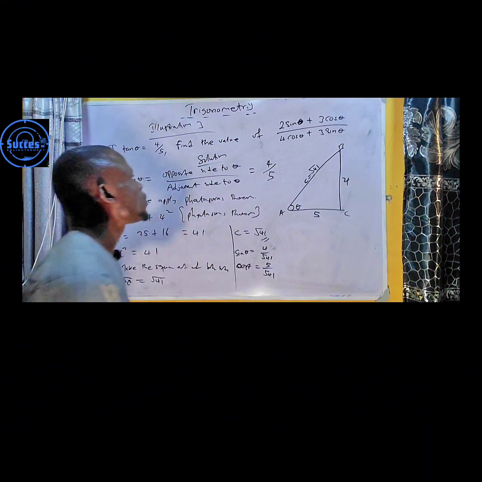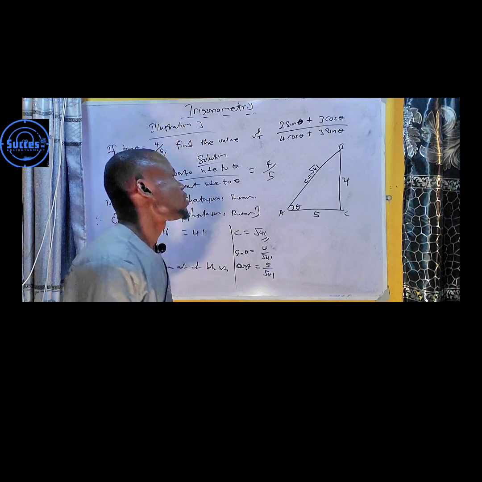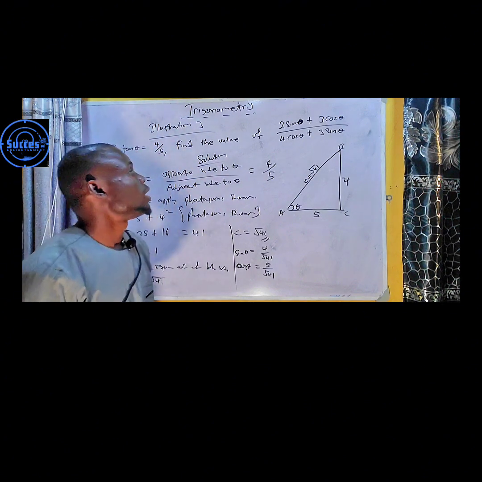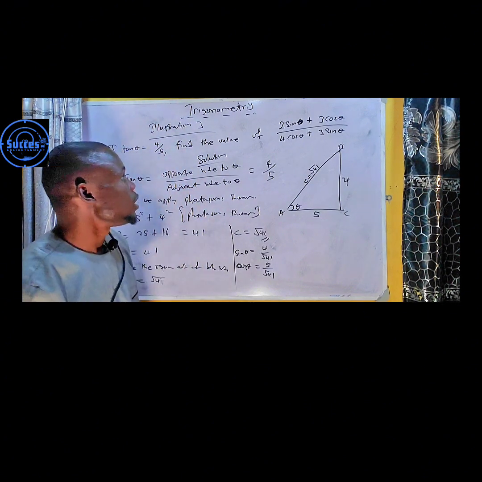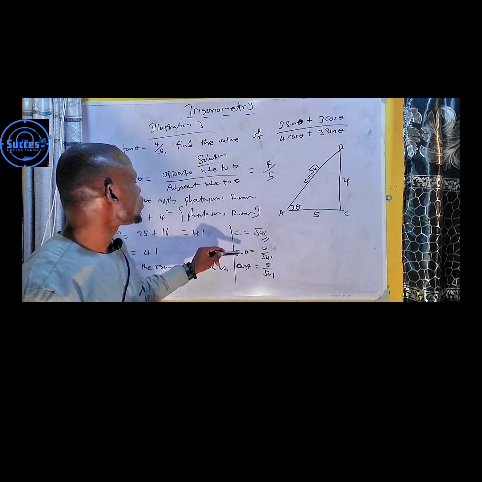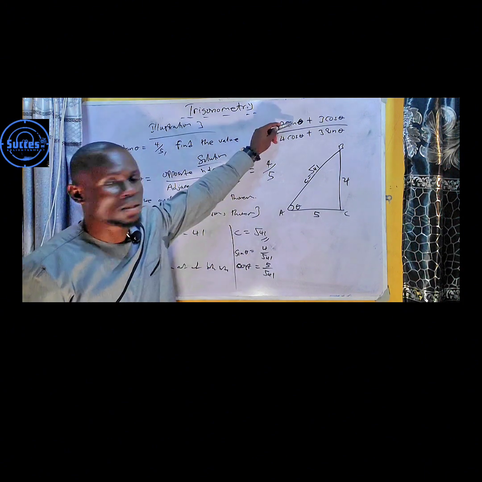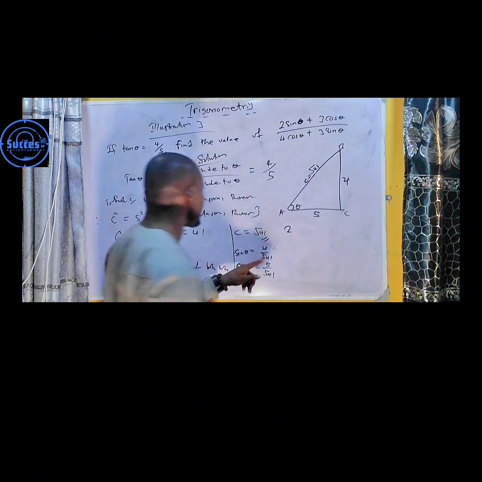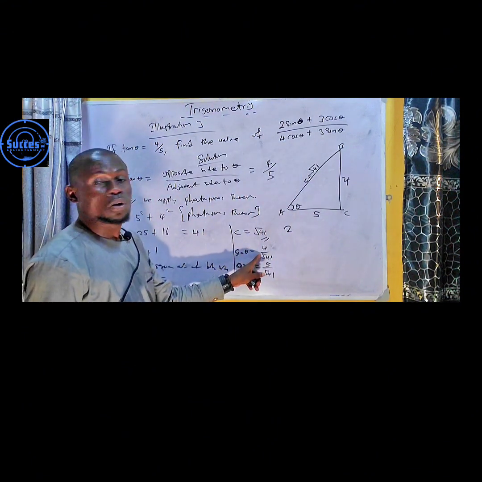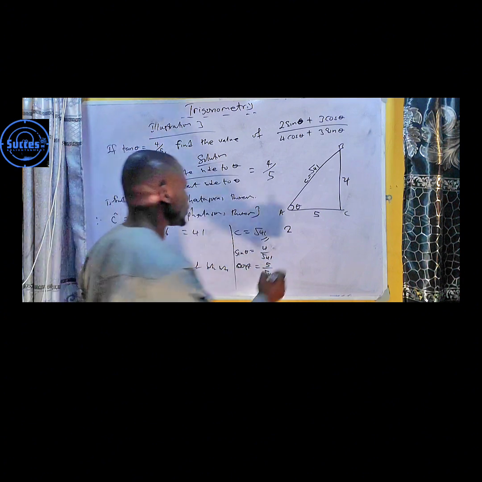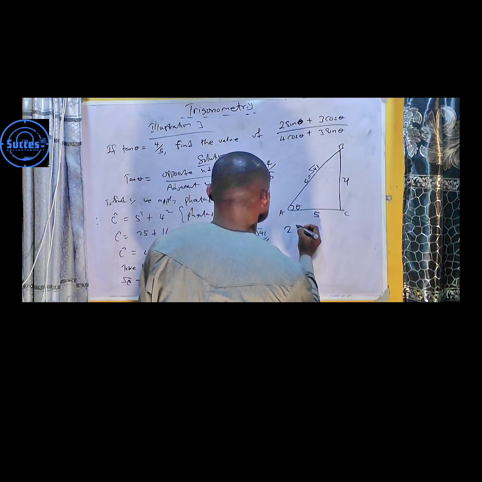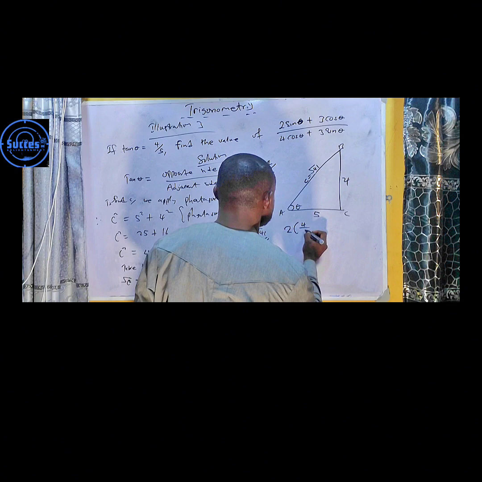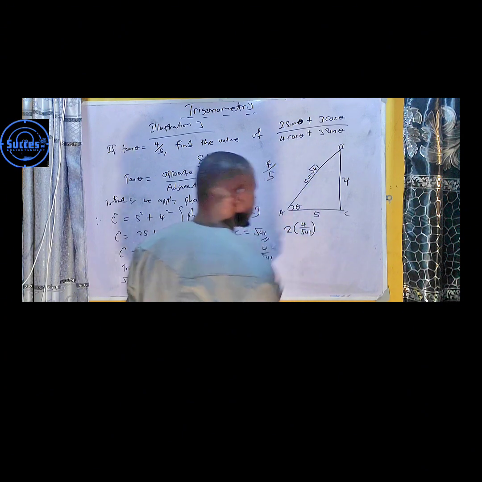You are asked to find 2 sin theta plus 3 cos theta, divided by 4 cos theta plus 3 sin theta. So what you do here is substitute these values in. Therefore, what you have is 2 into sin theta, which is 4 over root 41, plus 3 into cos theta, which is 5 over root 41, divided by 4 into cos theta, which is 5 over root 41, plus 3 into sin theta, which is 4 over root 41.